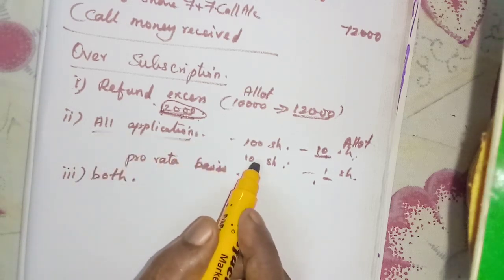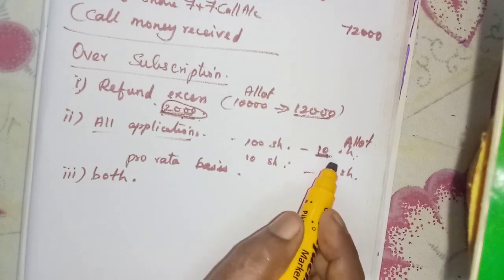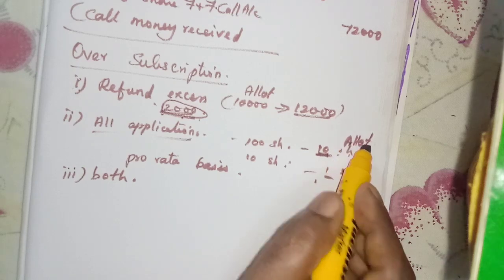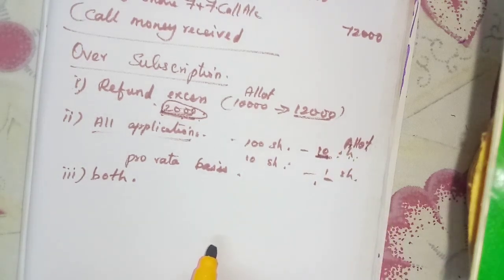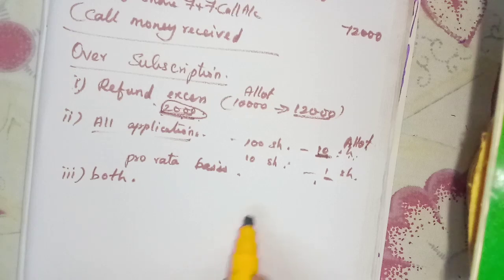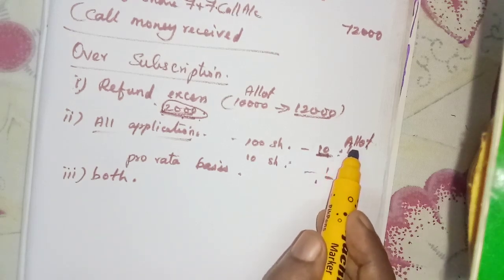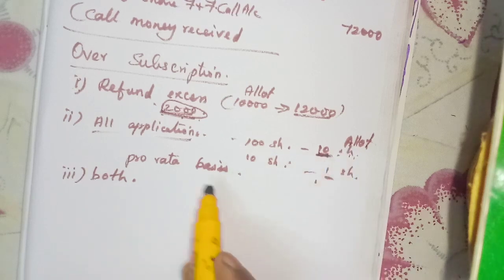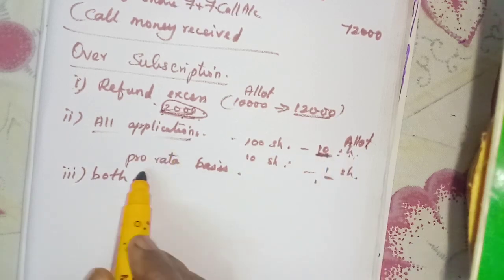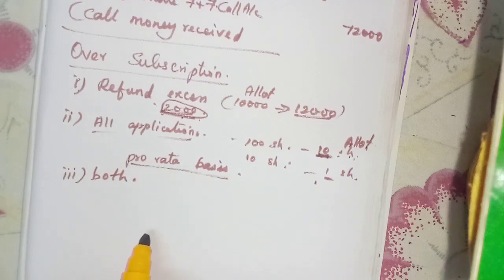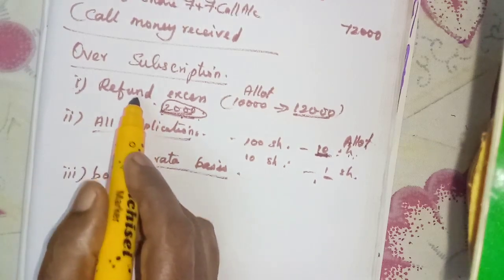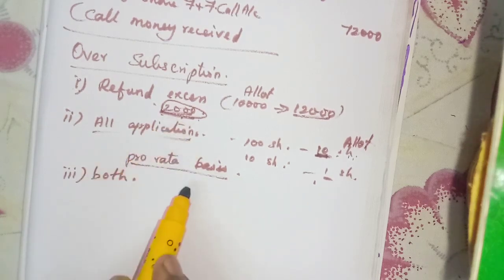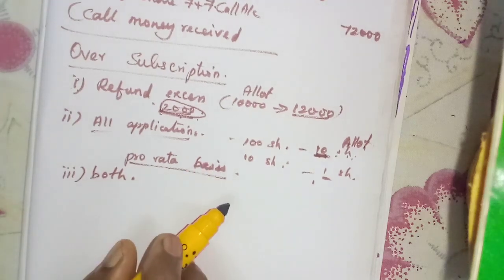They may cancel some of the 10 shares, but not refund the money; they adjust that money at the time of allotment. Allotment money due, and at the time of receiving the allotment money, they will reduce this amount and receive the remaining amount from those applicants. That is called pro rata basis. Or some companies will do both: reject some and do pro rata allotment for other applications.